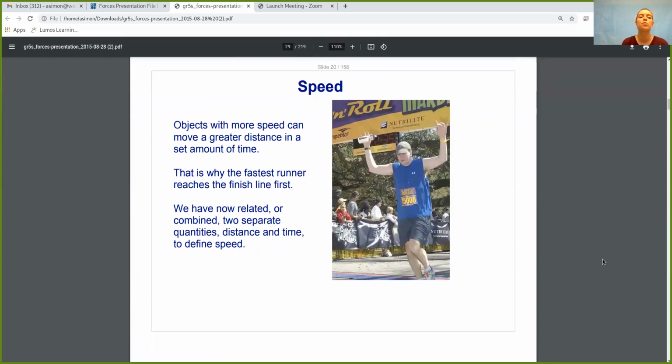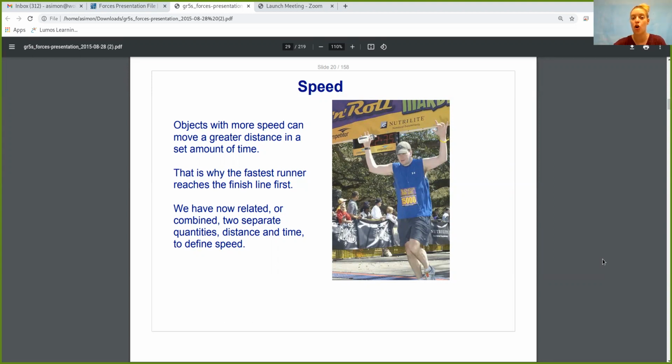Objects with more speed can move a greater distance in a set amount of time. That's why the fastest runner reaches the finish line first. That makes sense. If you have a greater speed, you're going to go a greater distance in a certain amount of time. If you're going faster, you're going to get there faster. So we've related the distance you're running to the time that it takes.